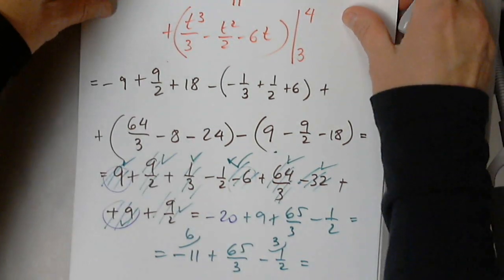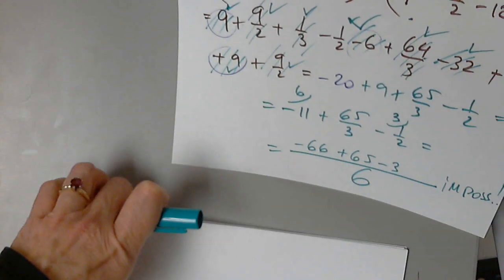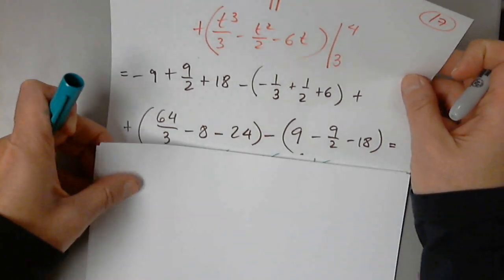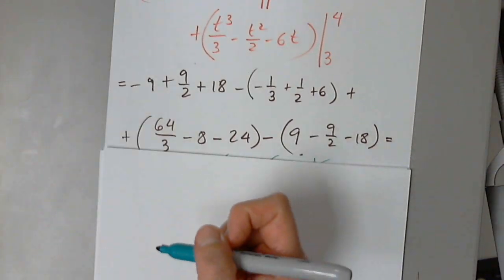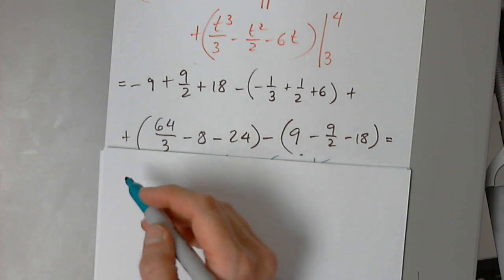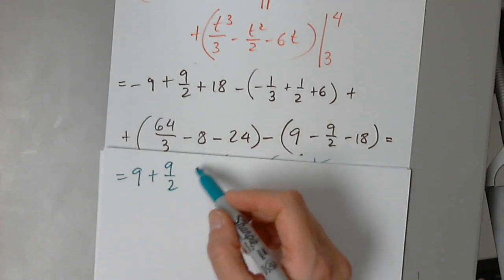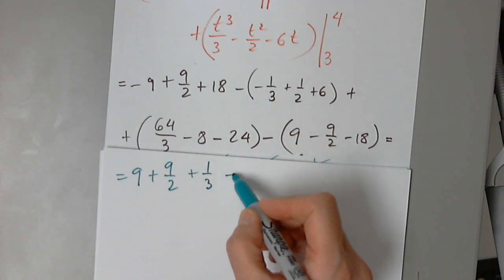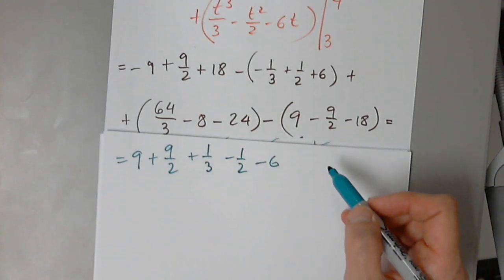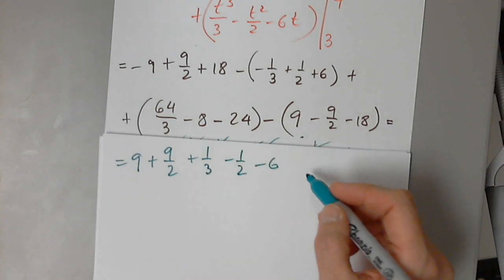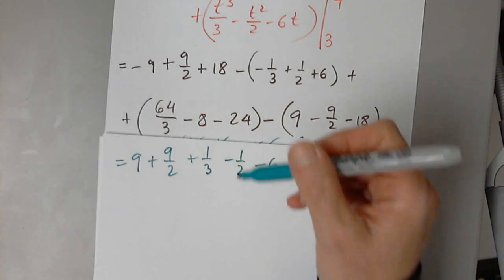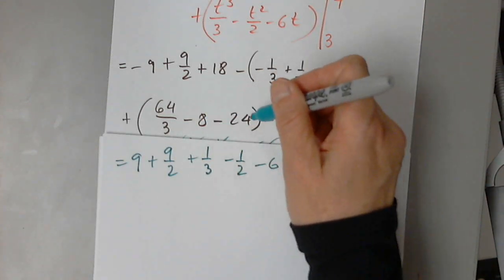Maybe I should just redo this calculation one more time, just from here, and not look at what I just did. Okay. So negative 9 plus 18, right, is 9. And then plus 9 halves. And then plus 1/3, and minus 1/2, and minus 6, correct so far? So then plus 64 over 3. And this is negative 32?